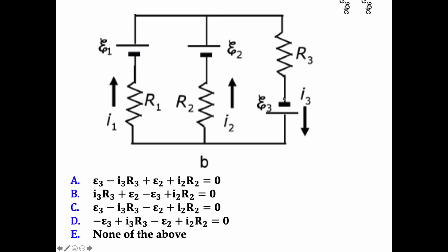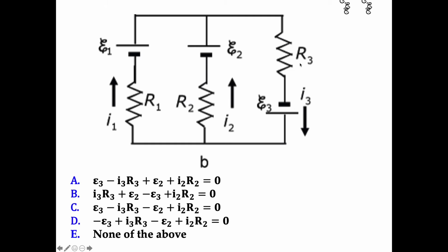So I have minus E3. And then as I go through resistor R3, what happens? I'm going against the direction of current, against the electric field, because I'm saying the electric field's downward. That means the electric potential has to increase. So the potential increase across R3 is the current through it times R3. So I have plus I3R3.